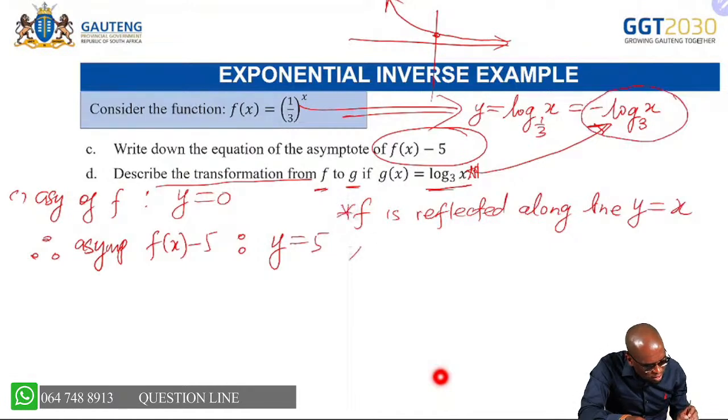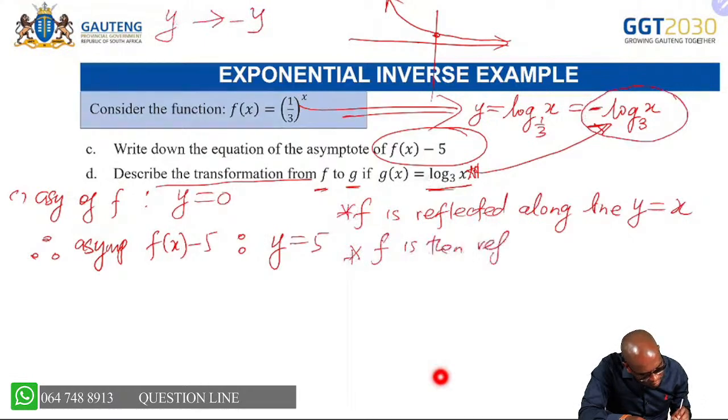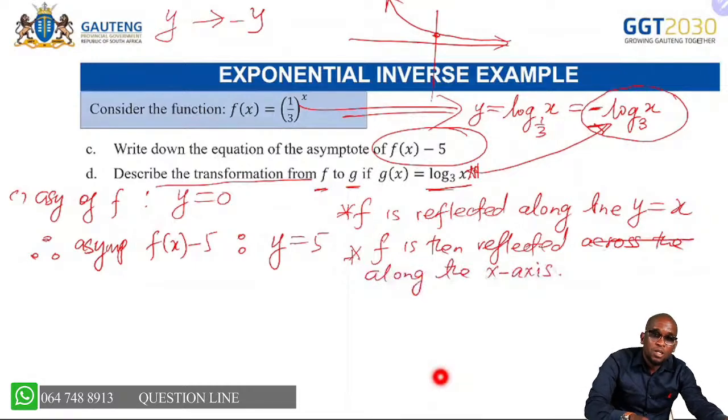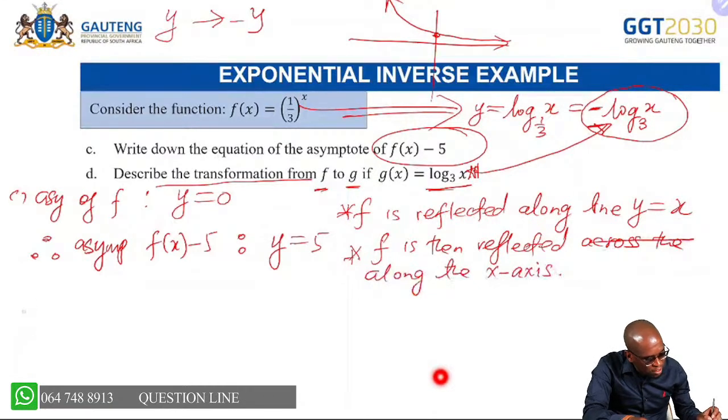But that's not the only thing that was done. You see here, this one has a negative, this one does not have a negative. What does that mean? It means that our y now became negative y. Which means that f is then reflected along the x-axis. Why is that? We know when we reflect along the x-axis, y becomes minus y.